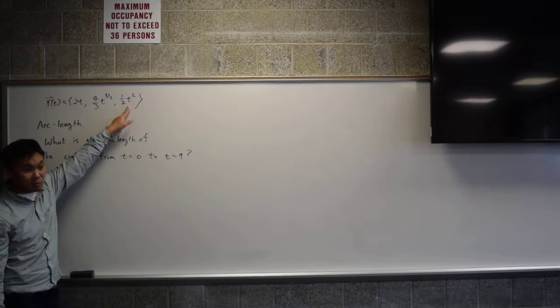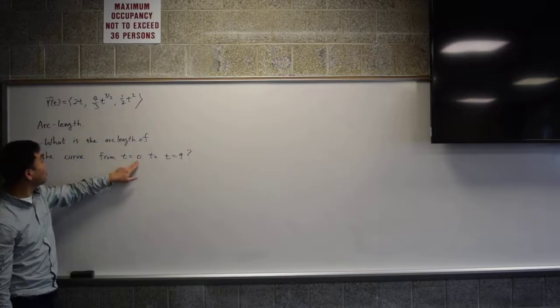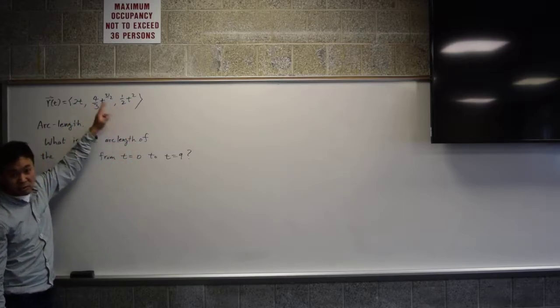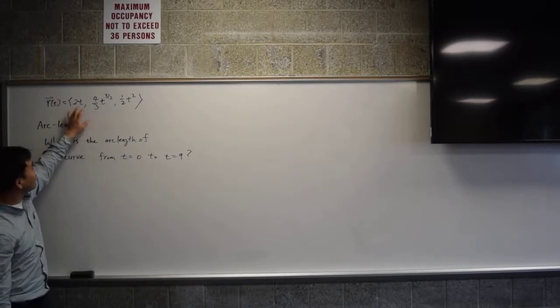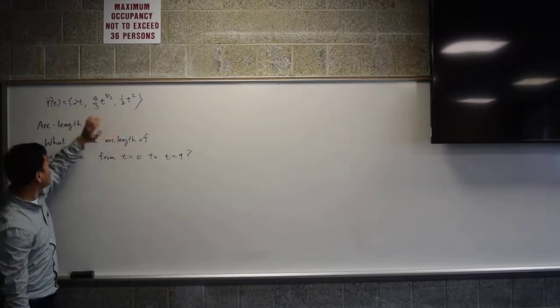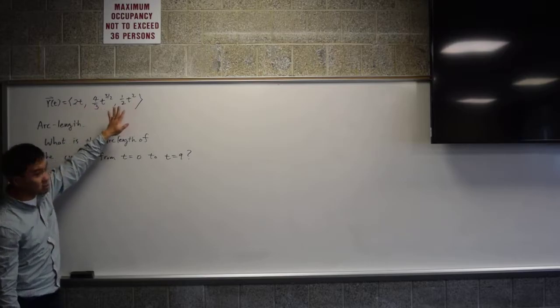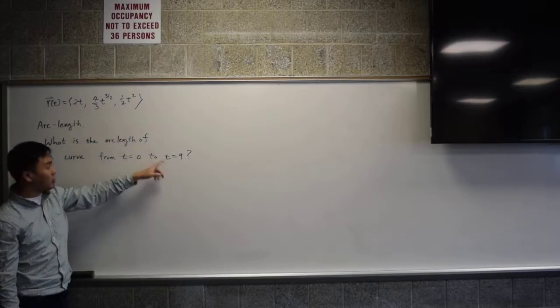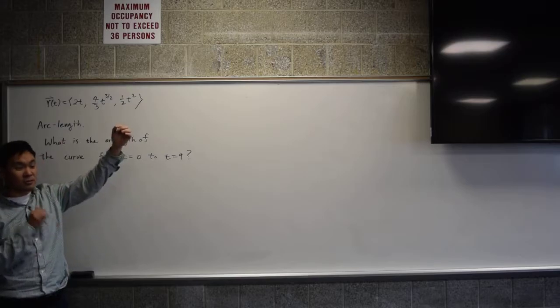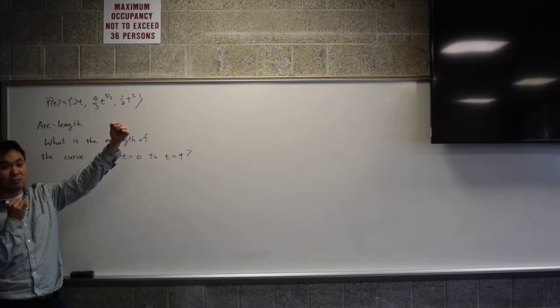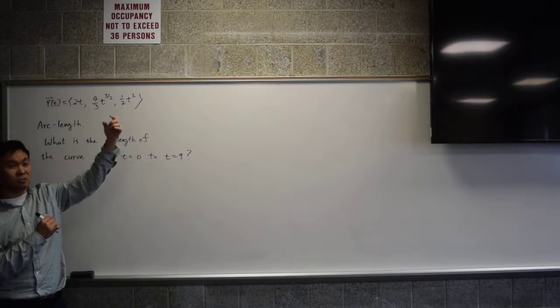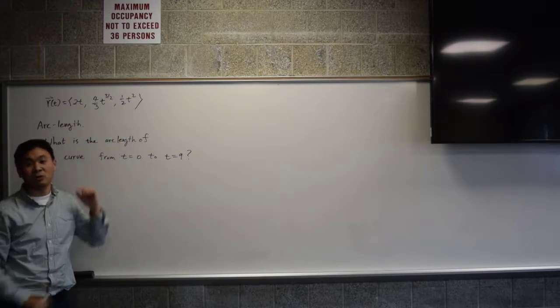That's your terminal position. Minus, when you plug in 0, you get 0, 0, 0, the origin. So it went from the origin to 18, 36, 81 over 2 when t is equal to 9. The vector from the first position to the second position is what we call the displacement.